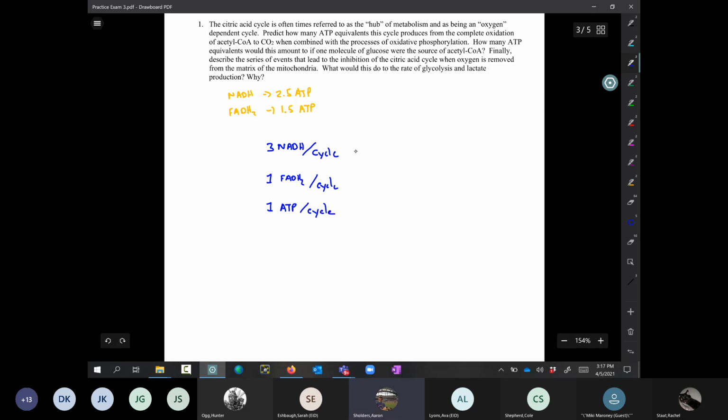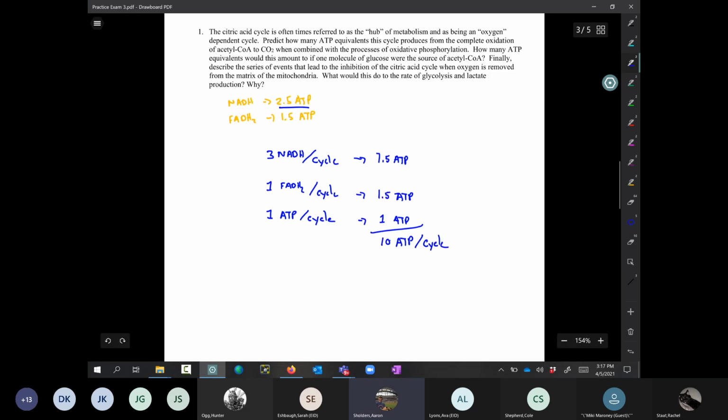Now, because we multiply that 3 times 2.5, that's going to lead to 7.5 ATP per cycle, 1.5 ATP per cycle, and then of course just 1 ATP. So when we look at the cycle itself, you get 10 ATP per cycle.